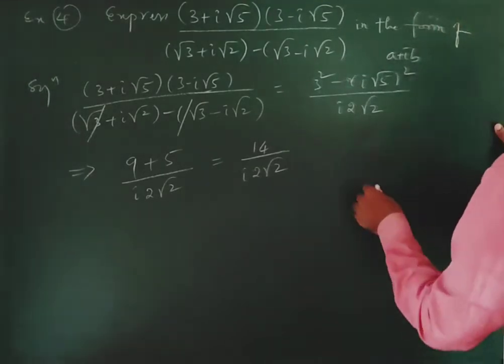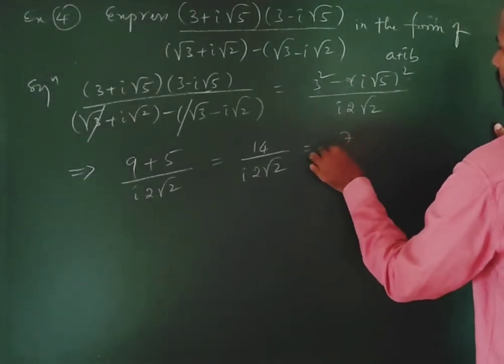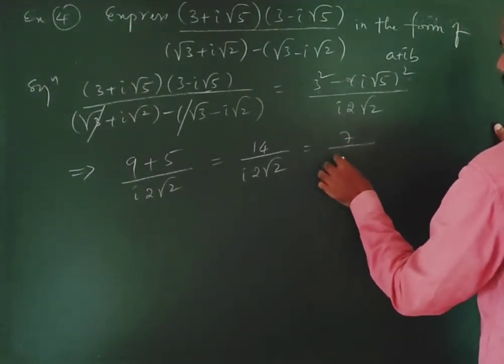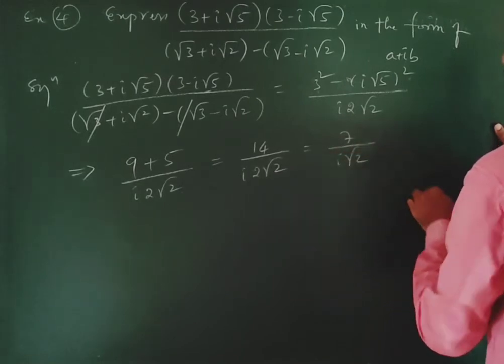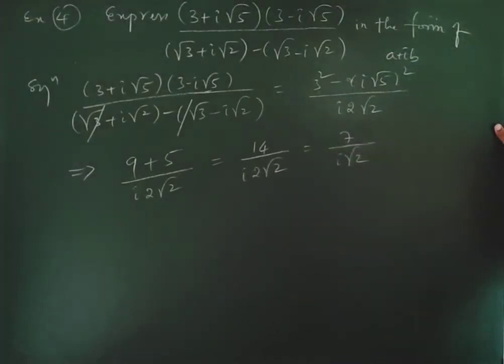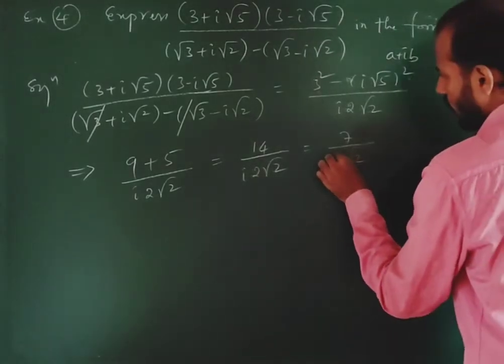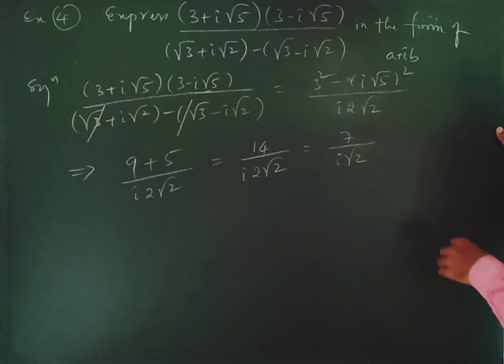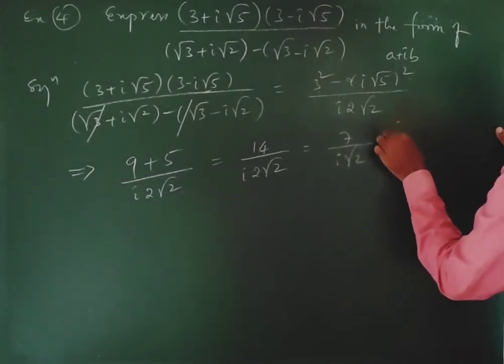Again, what we get here is 7 by i root 2. The denominator is again in complex form, it has the imaginary part. Just multiply and divide by i.